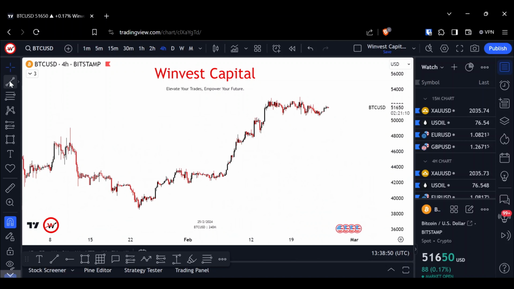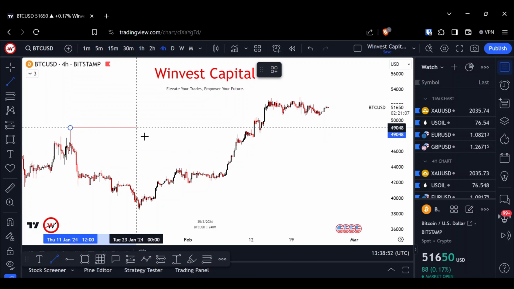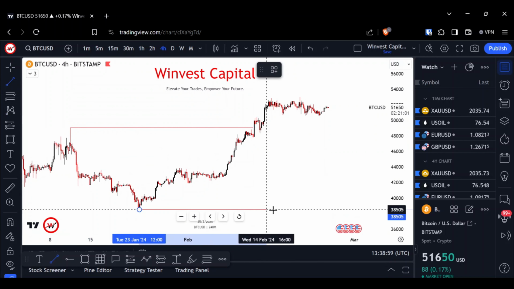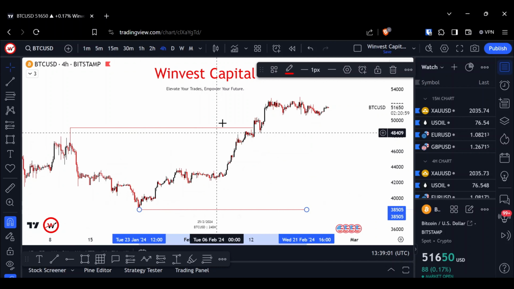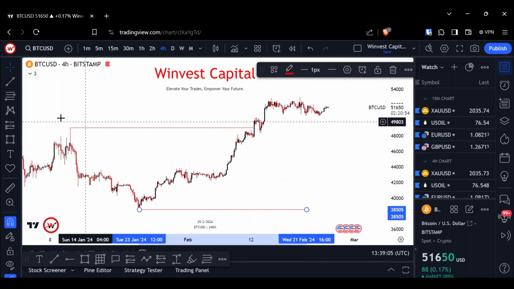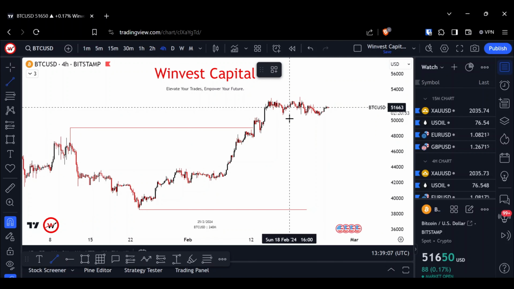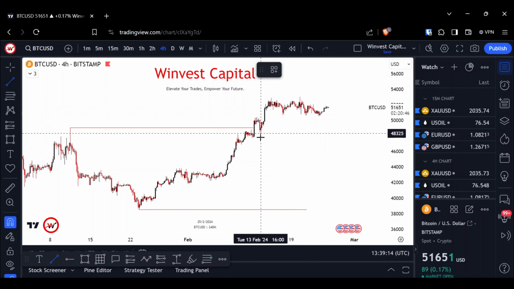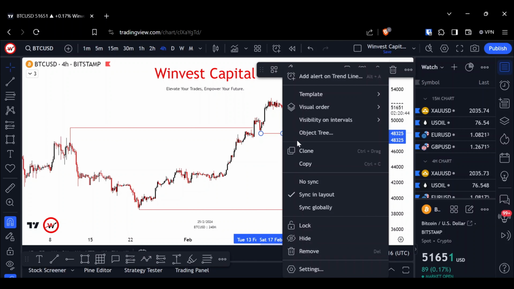Here we see the high of the structure. Here we see the low, and this means that we're in an uptrend. Then we would look for the first inducement. There we go. Yeah, our first inducement, that would be here.